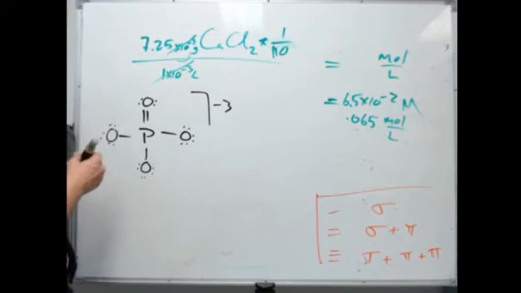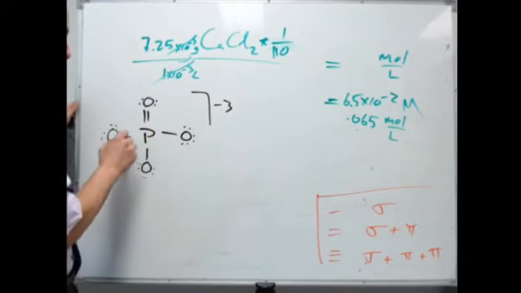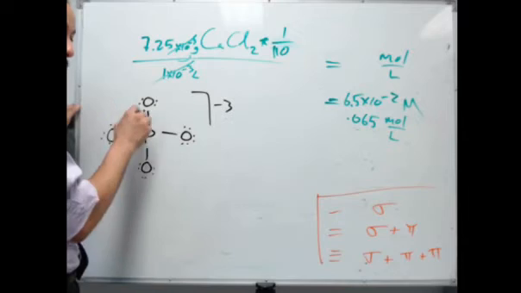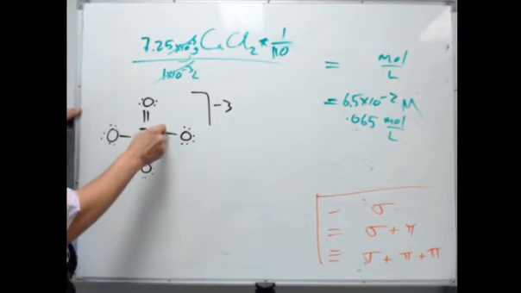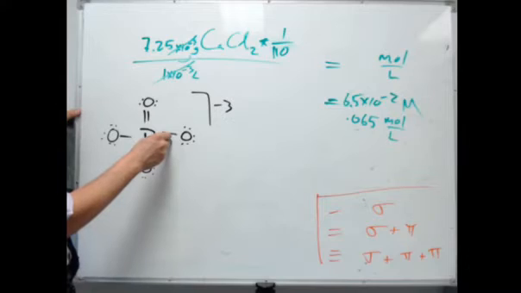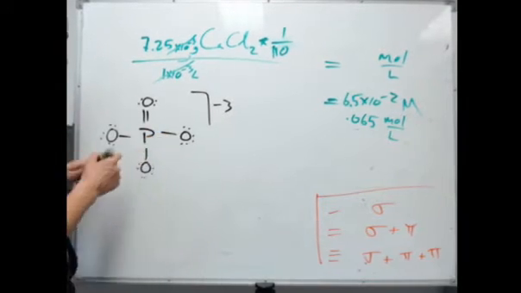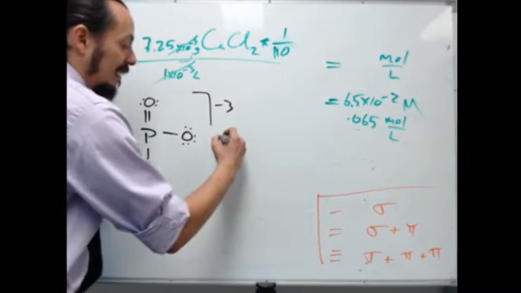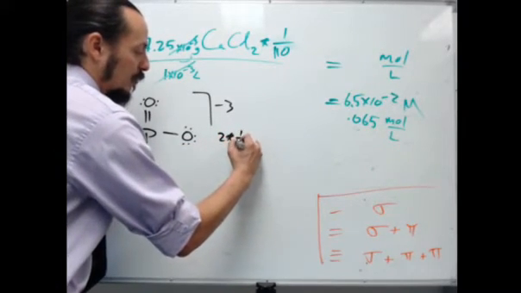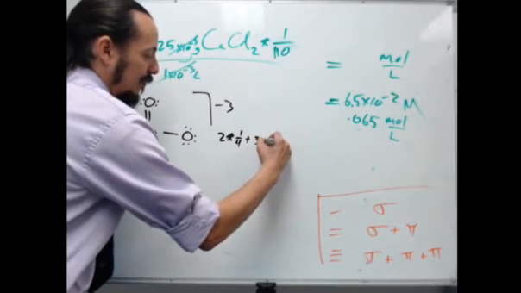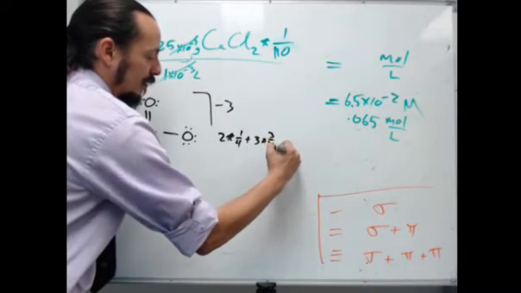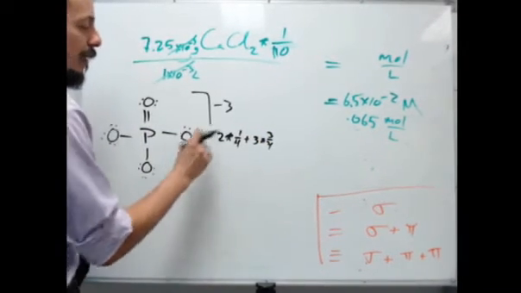But when there is, each of these bonds is part-time double, part-time single. 3/4 of the time it's a single bond, and 1/4 of the time it's a double bond. So we can essentially do 3 times 1/4 plus 1 times 3/4.